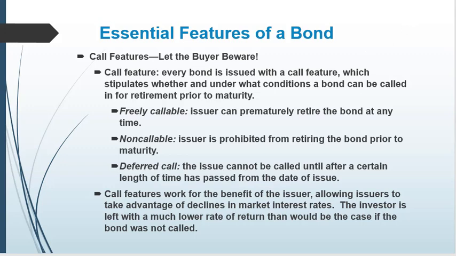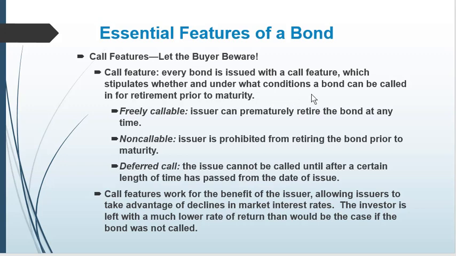The first feature to talk about is something called a call feature. Essentially, the way this works is when a company wants to refinance its debt, it needs to pull back the old issue that's at a higher coupon and reissue debt at a lower interest rate or a lower coupon.